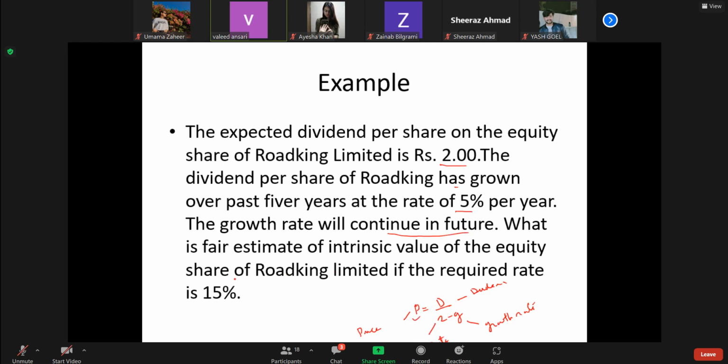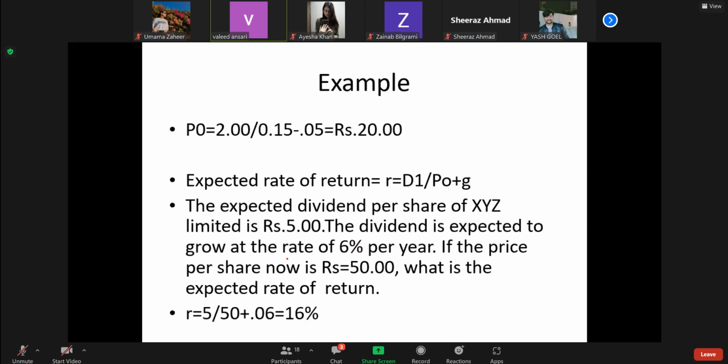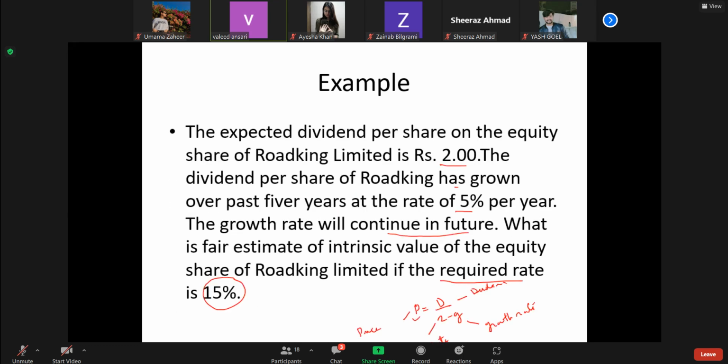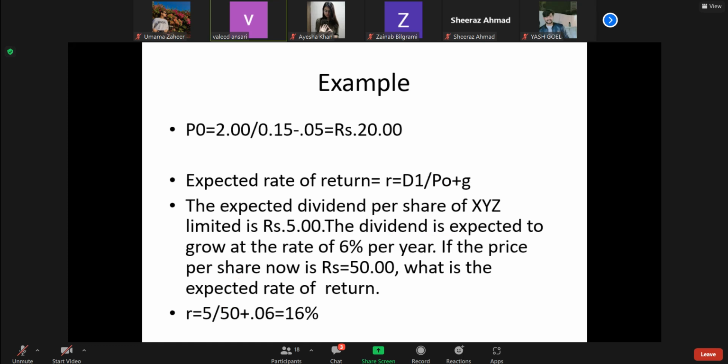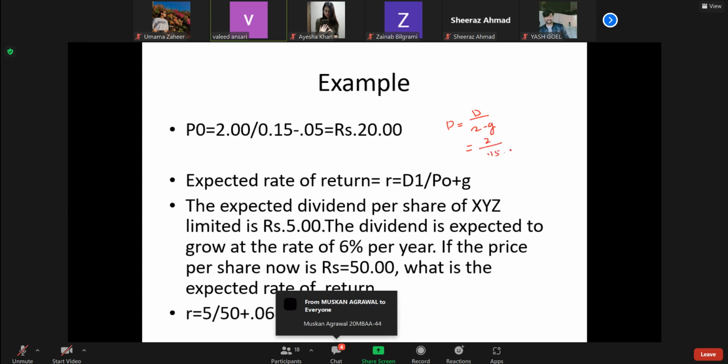If the cost of equity is 15%, that is the required return is 15%, find out the intrinsic value of the stock. You see that 2 rupees is the dividend, so the same has been plugged into this formula, dividend divided by R minus G. 2 rupees is the dividend, minus 15% required return, minus 0.05, it will come out to be 20.